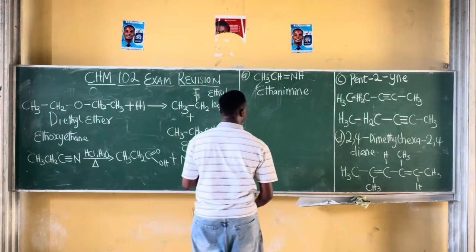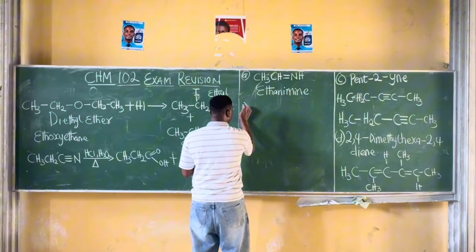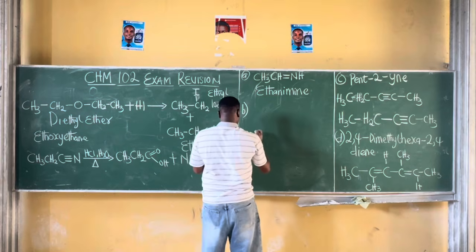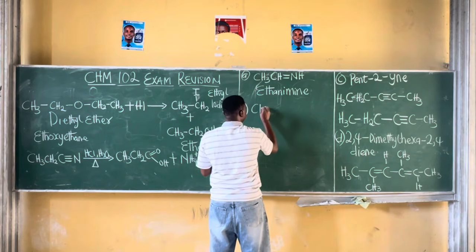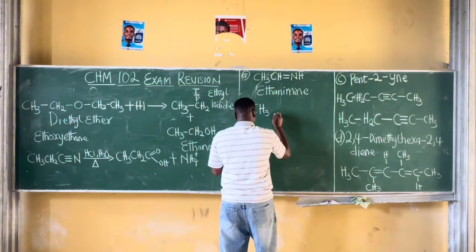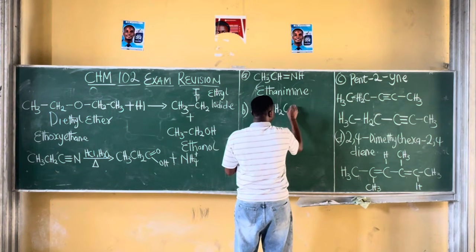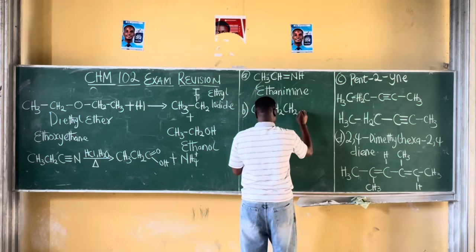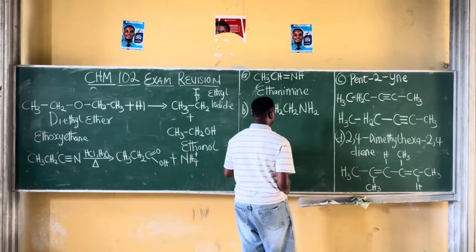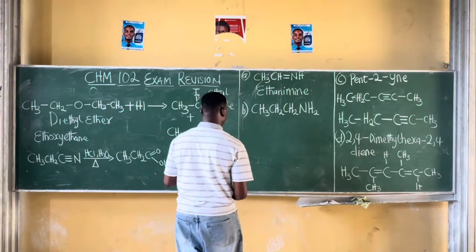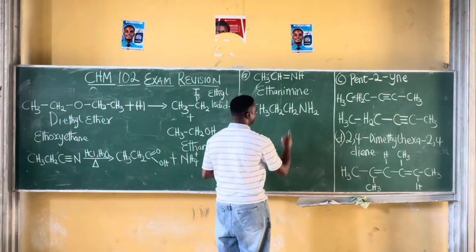Are you there? So the next one is B. B is CH3, CH2, CH2, NH2. CH3, CH2, then NH, CH2, CH2, then NH2.